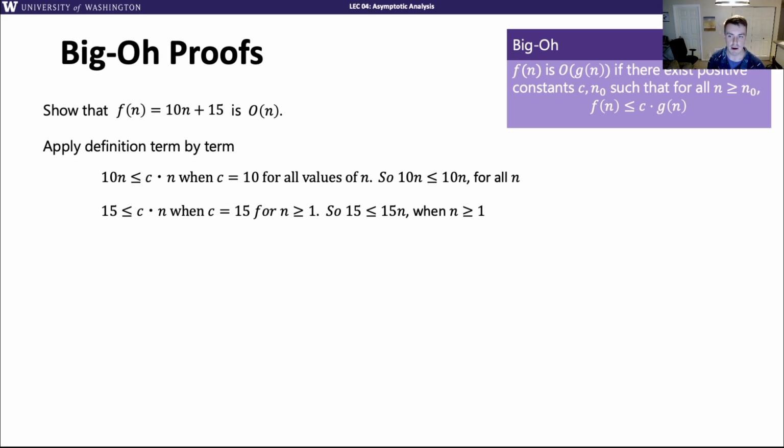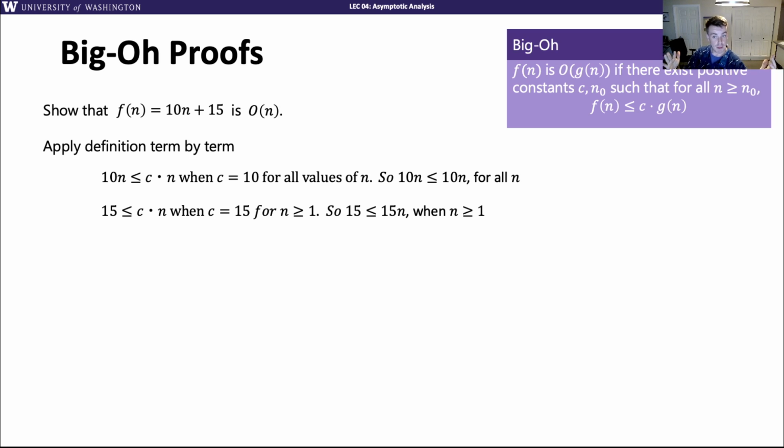Seems like kind of a useless step, but I promise it will help us. Now look at this second one. We need to show that 15 is less than or equal to c times n. And so we need to figure out a c and an n0 that this would be true for. Well, it's definitely going to be true for c equal to 15 and for n greater than or equal to 1. So 15 will be less than or equal to 15n when n is greater than 1. Now, important point: there is no special reason I had to choose 15 and 1.